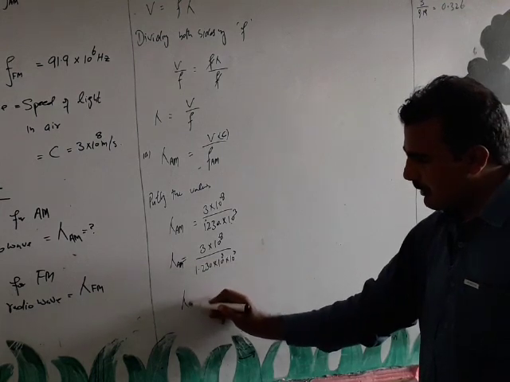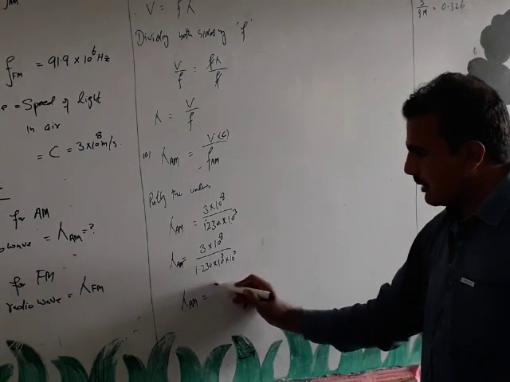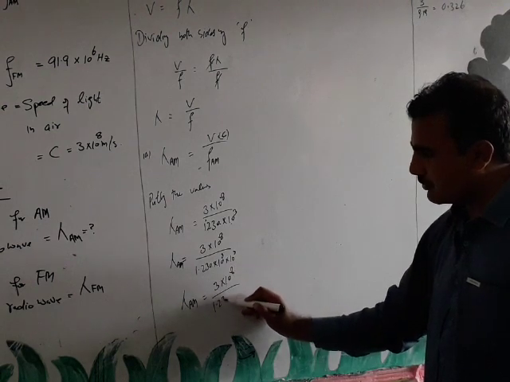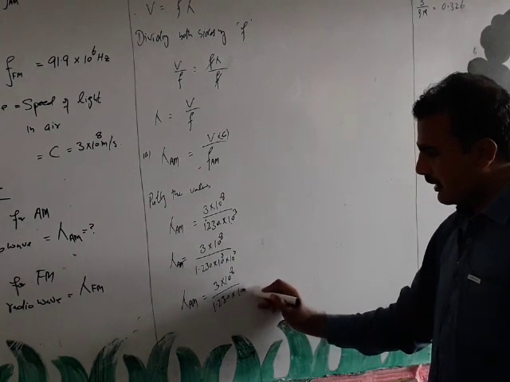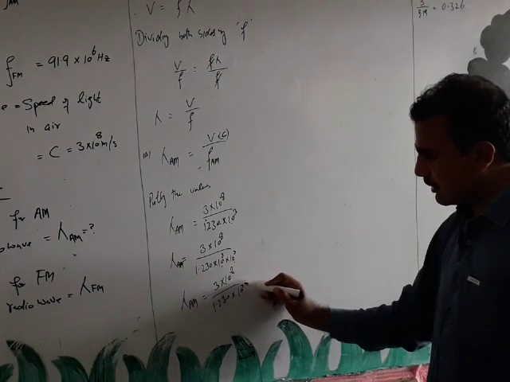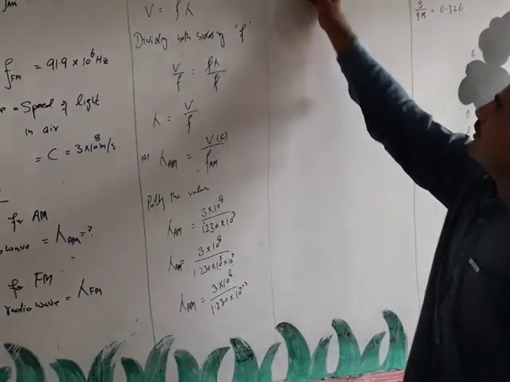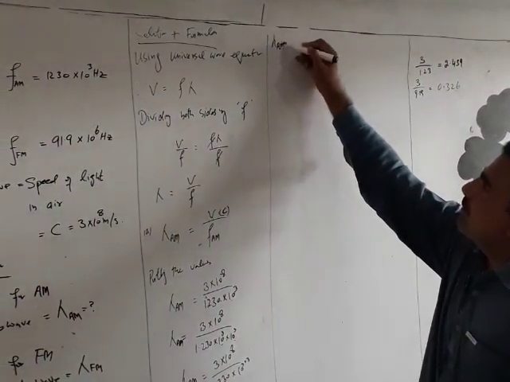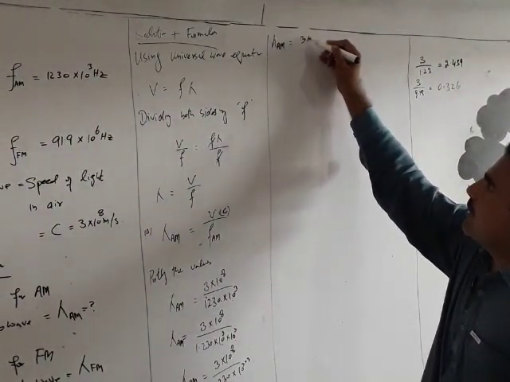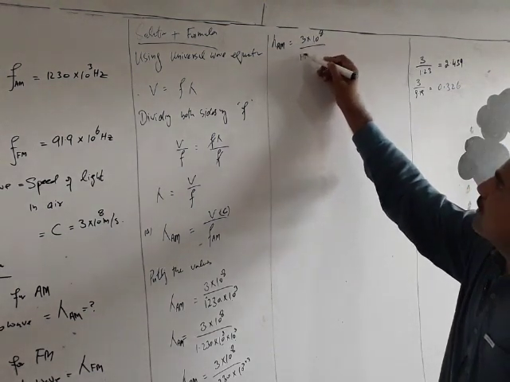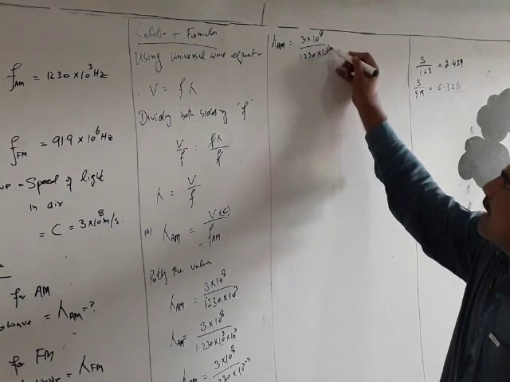So lambda AM will become 3 multiply 10 power 8 divided by 1.230 multiply 10 power 3 multiply 10 power 3. As bases are the same, the exponents will be added, 3 plus 3. So now lambda AM will become 3 multiply 10 power 8 divided by 1.230 multiply 10 power 6.